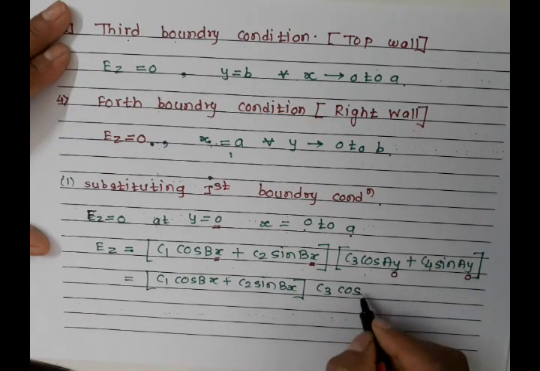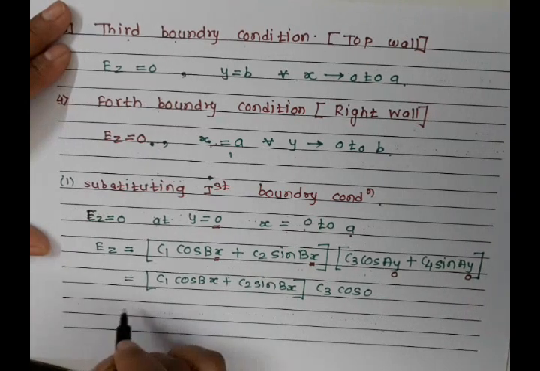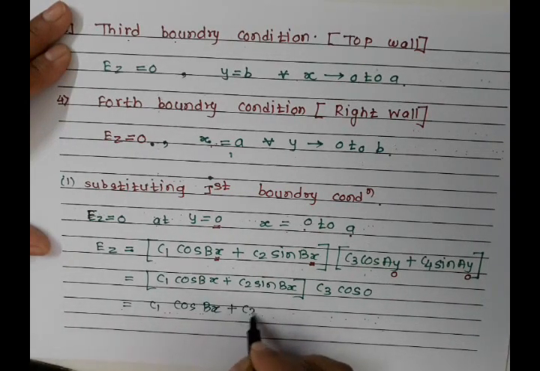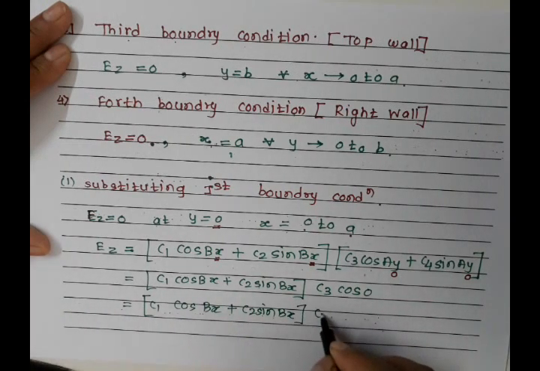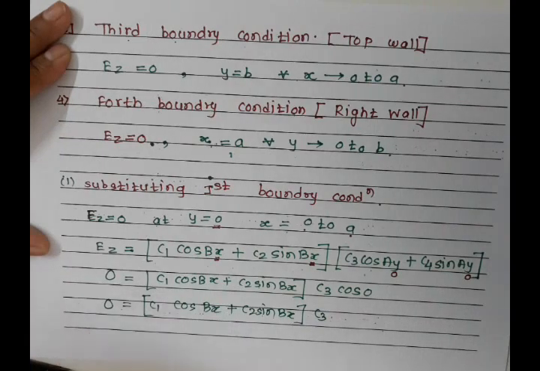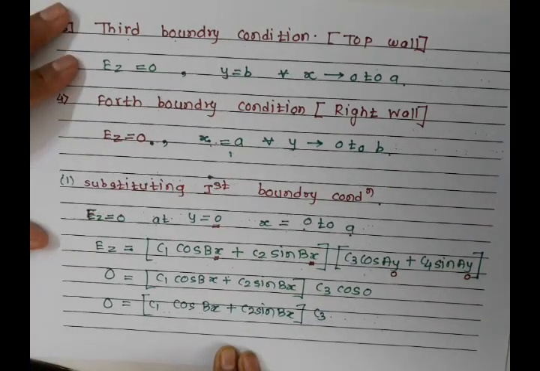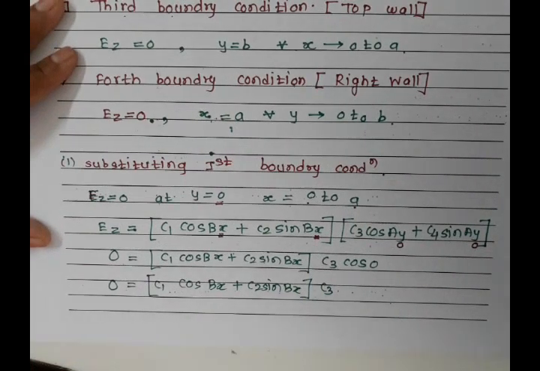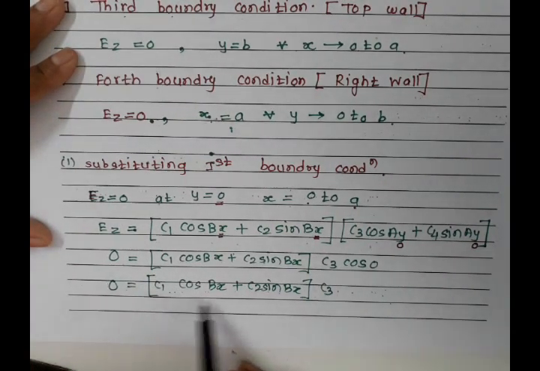So cos of 0 is nothing but 1. So again writing this one, c1 cos of bx plus c2 sin of bx into c3. Now this Ez is equal to 0. Okay, so if I am saying that Ez is equal to 0, I can say that either this term will be 0 or this term will be 0.